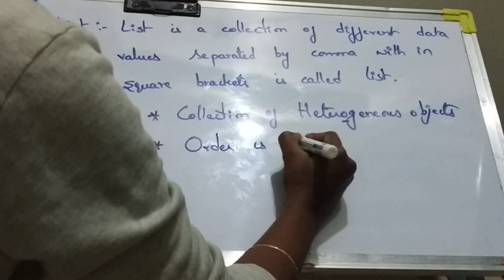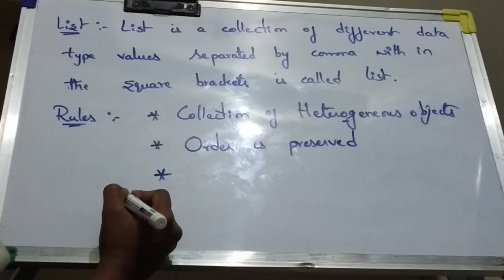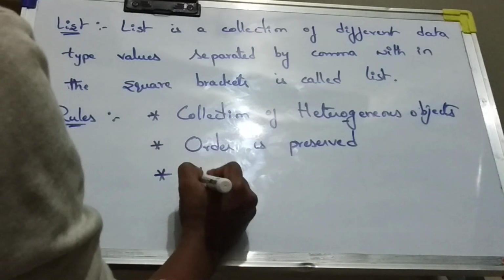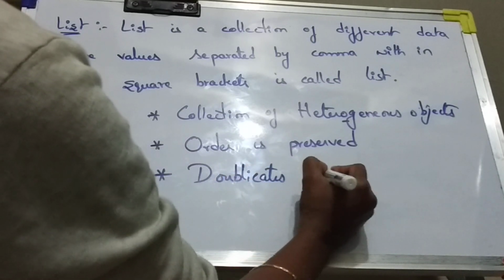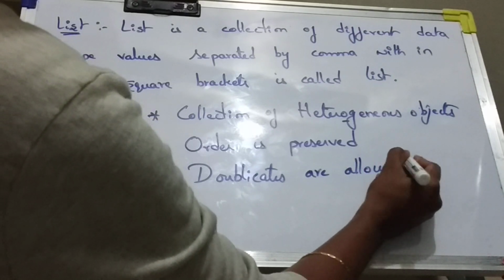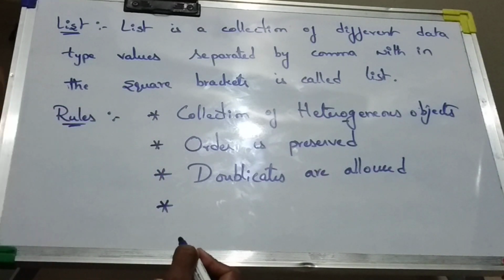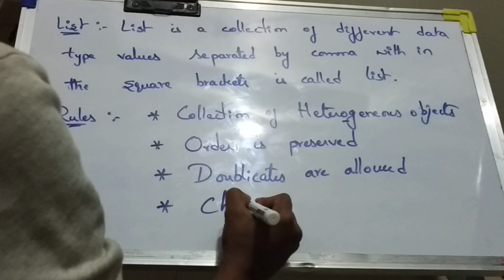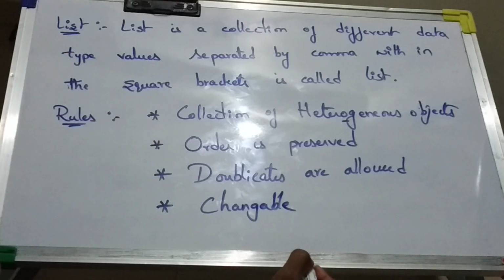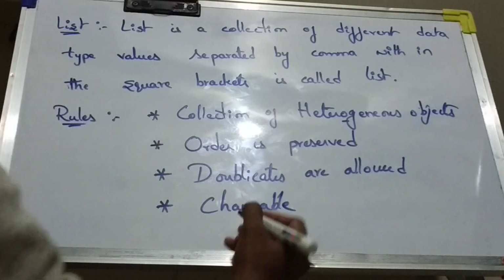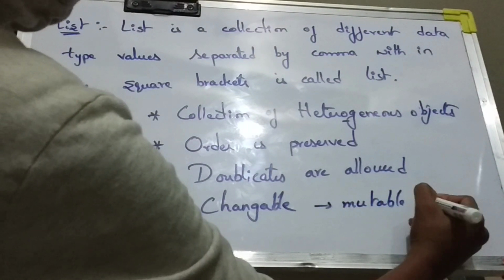Next, duplicates are allowed. And last, it is a changeable object. Changeable means based on our requirement we can change the list. That means it is a mutable object.